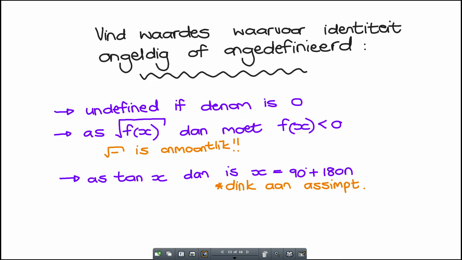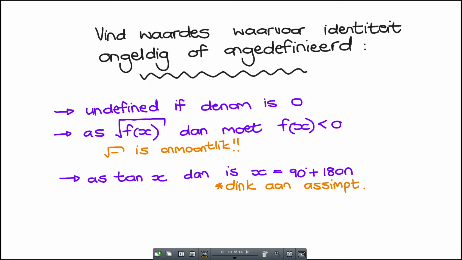Onthou jy, as jy jou sakrekenaar gebruik, wat is vierkantswortel van sê maar minus 9? I can't get the square root of a negative number. That's impossible. So whenever you see a square root, it would be undefined if whatever's in that square root is negative, meaning less than 0. Maak dit vir julle sin?